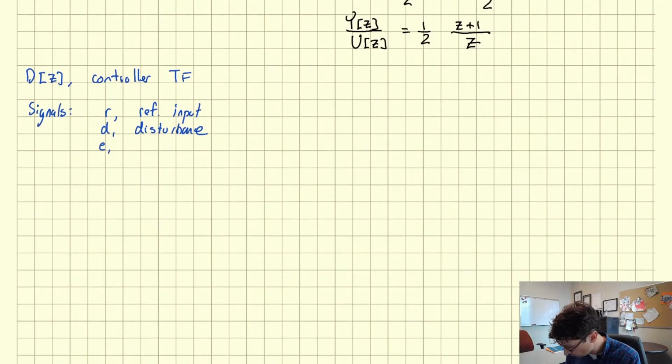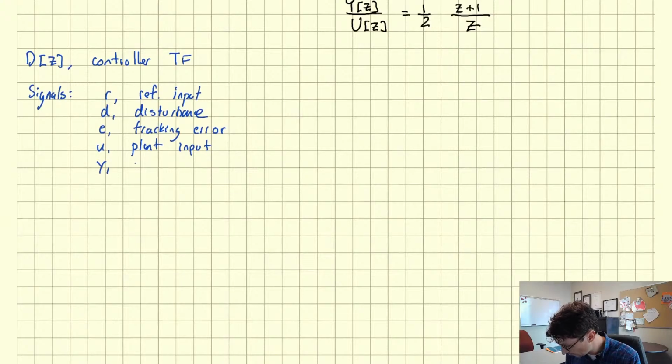E is the tracking error. U is plant input. And Y, plant output. All right, so that's all the same as before.